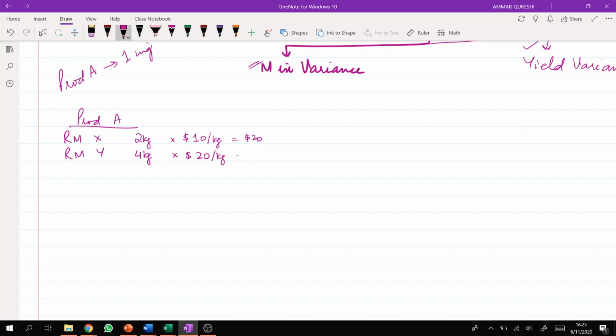So 20 times 4 is 80. The raw material cost of this product is 100. This is the standard material cost.